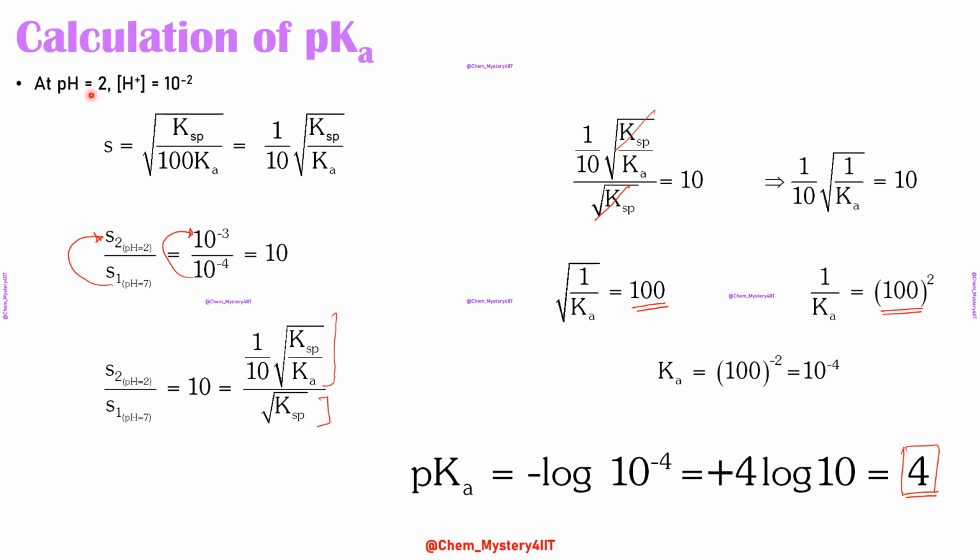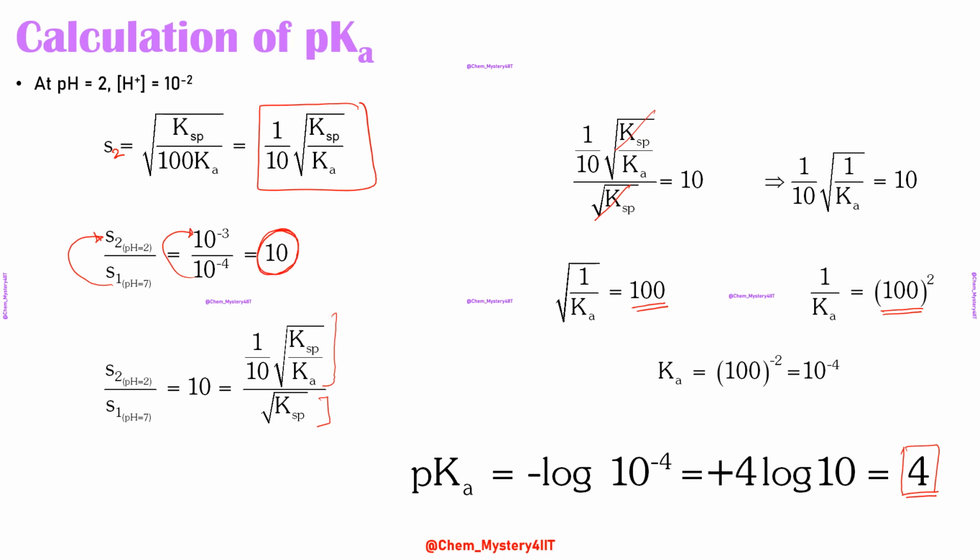When the pH is now 2, solubility is S2. The expression for this S2 is turning out to be 1 by 10 square root of Ksp by Ka. So these two values as per the question were related by a factor of 10.